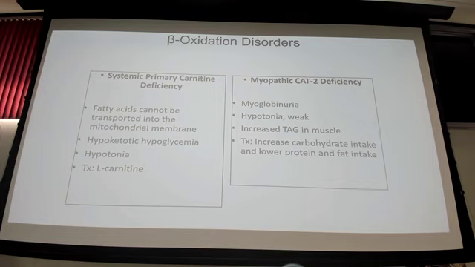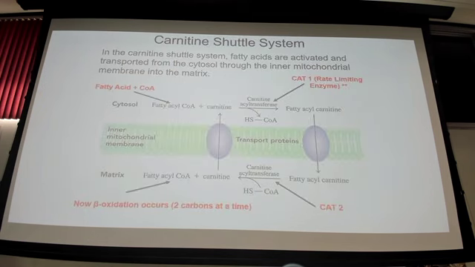So we would treat this by having the patient have a diet higher in carbohydrates, so they will use that as their main source of energy. All right. So the systemic primary carnitine deficiency disorder is when the shuttle system is deficient.